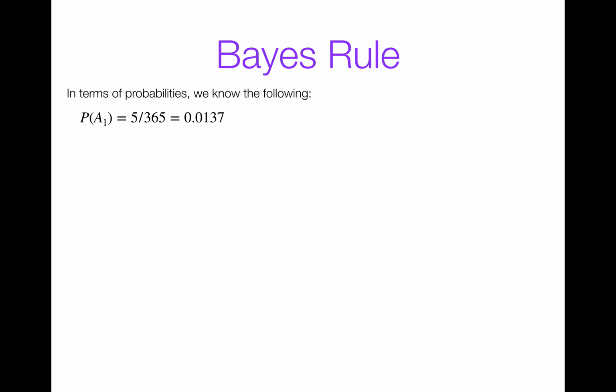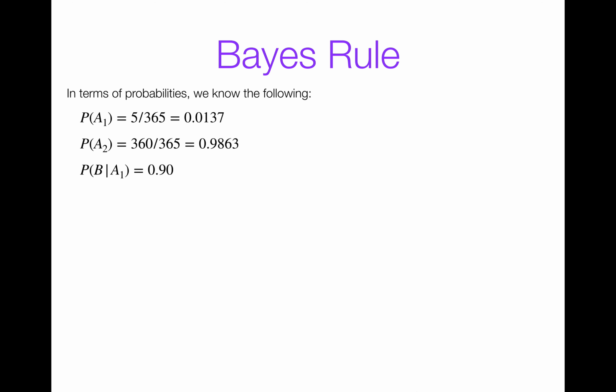So I know that the probability that it's going to rain is 5 out of 365. I got that from the statement, it rains 5 days out of the year. So if it's raining 5 days out of the year, that means it's not raining on the other 360, so the probability that it doesn't rain is 360 out of 365.